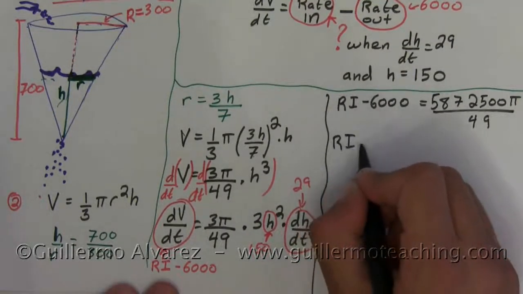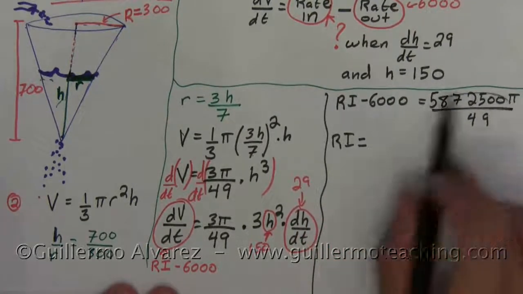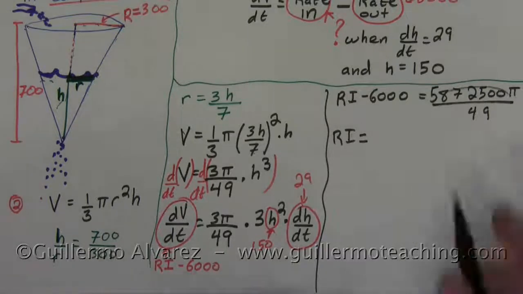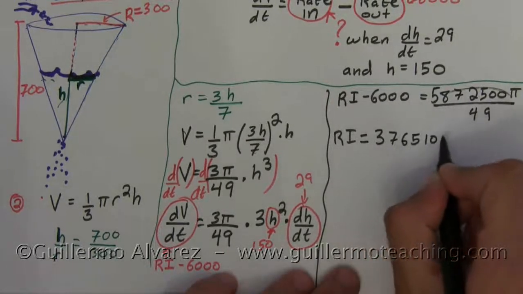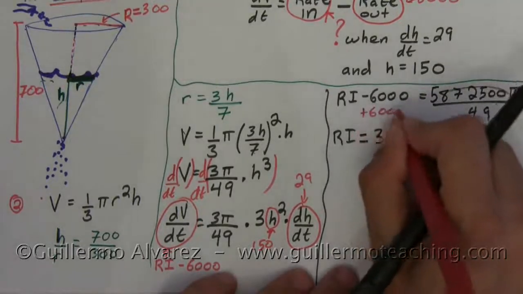And so the rate in is equal to this whole thing. If I approximate it, I would get 376,510, and then I need to add the 6,000 on both sides.